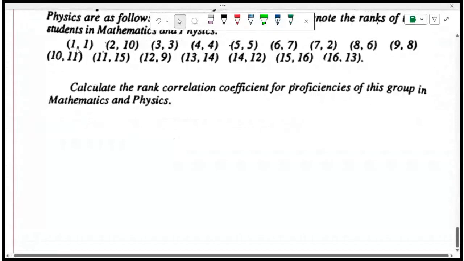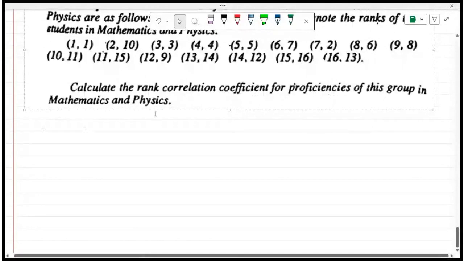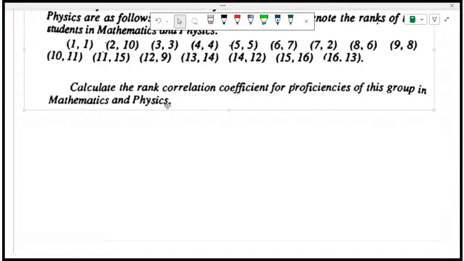Like 1,1 means rank 1 in math and rank 1 in physics. 2,10 means rank 2 in math and rank 10 in physics, and so on. And we are asked to calculate the rank correlation coefficient for proficiencies of this group in mathematics and physics.